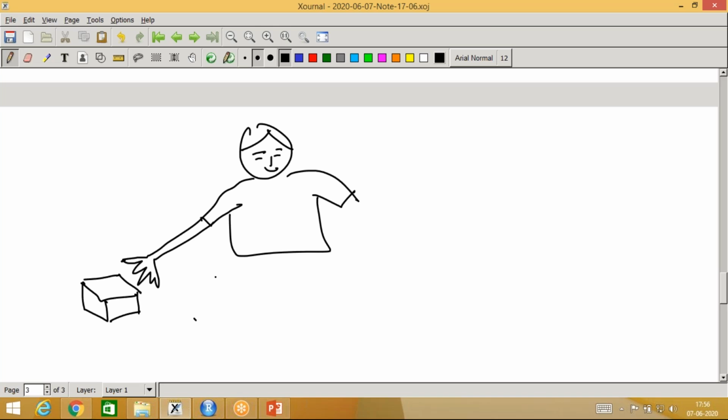There is a neuron on my hand which collects information about this box, the texture, the weight, whatever, and transfers it to the next neuron. The next neuron collects it and transfers it to another neuron, and this goes on until it reaches my head so that I understand.